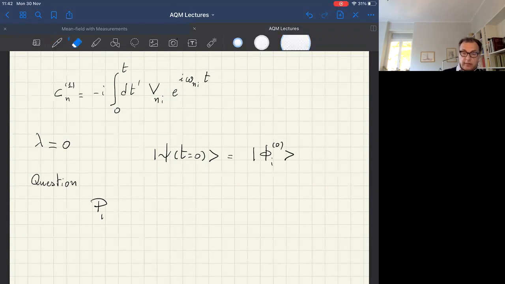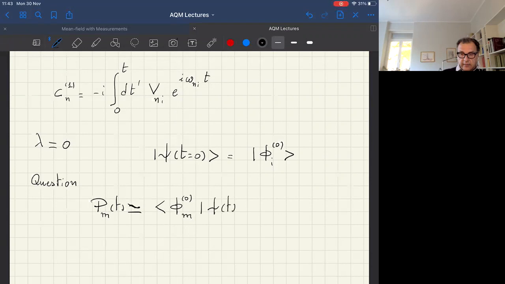So what is the probability that the system is found in M at later time? The definition of the probability is that I have to take the scalar product of phi 0 of M with psi of t, and then take the modulus squared.